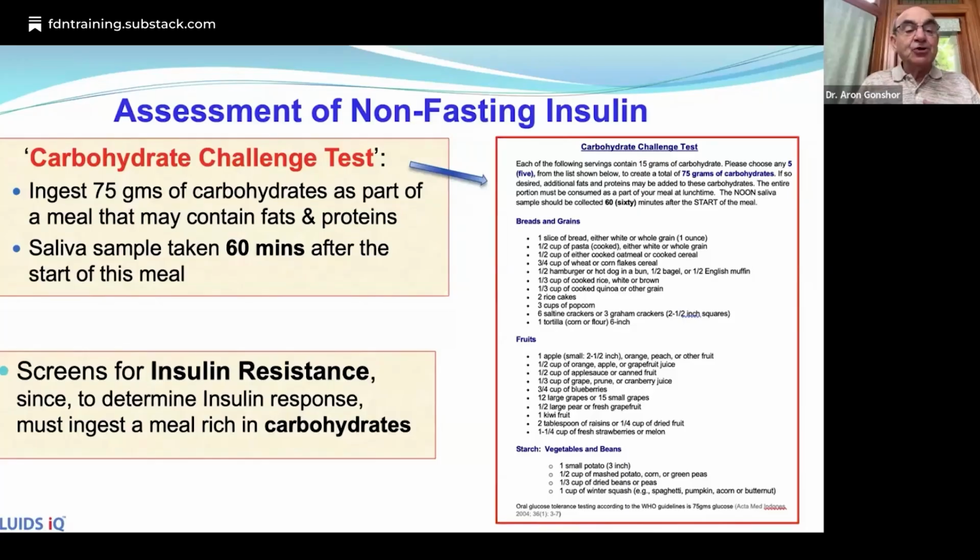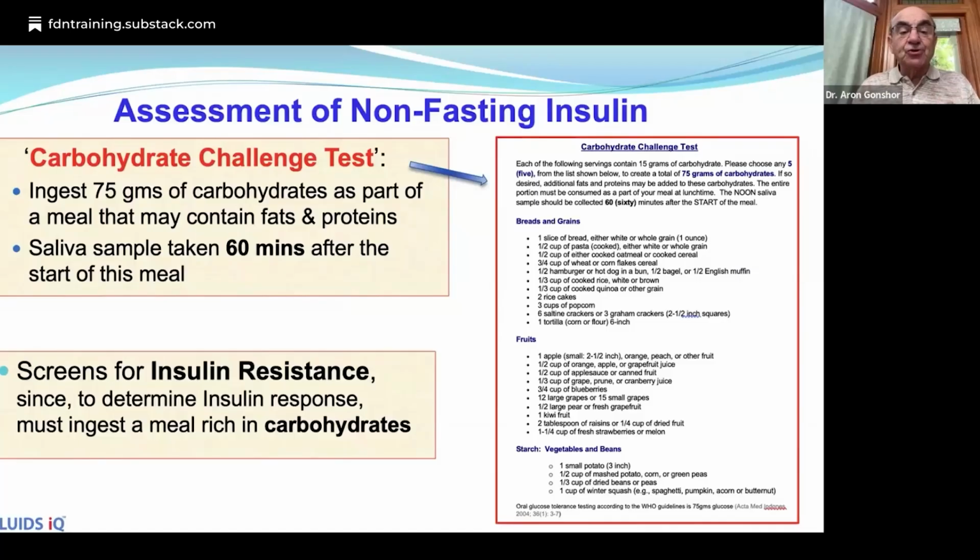You ingest 75 grams of carbohydrate as part of a meal that may contain fats and proteins. Each one of these lists, breads and grains, fruits, starches, gives 15 grams of carbohydrate. So you've got to combine 5 of these in a meal that you take 1 hour before you do the saliva test at noon.